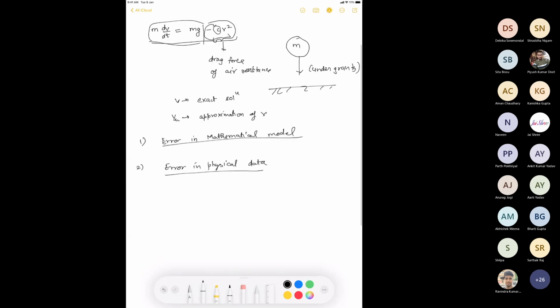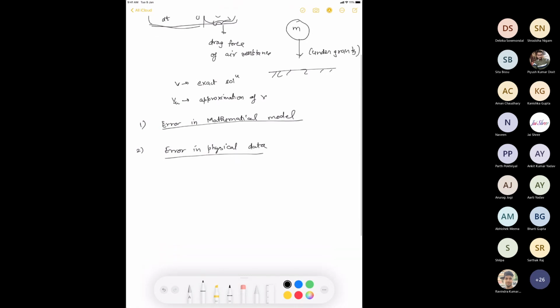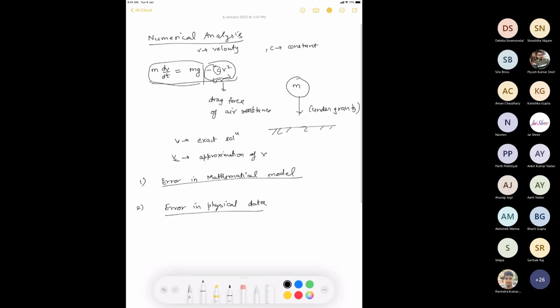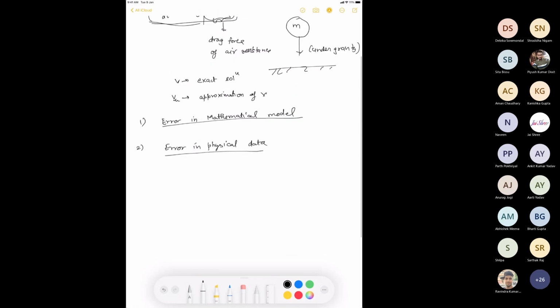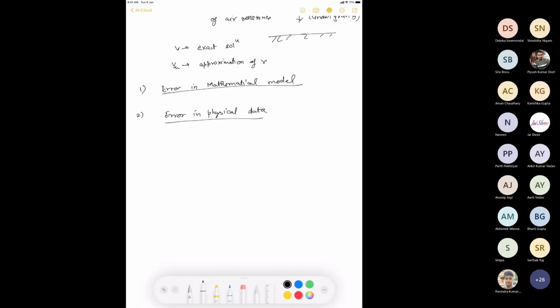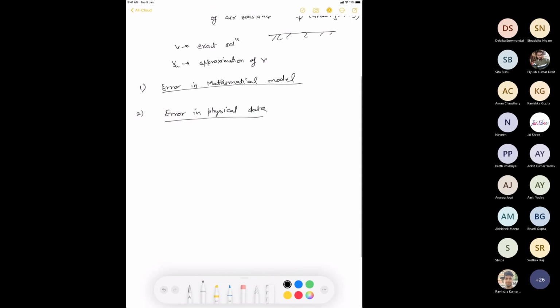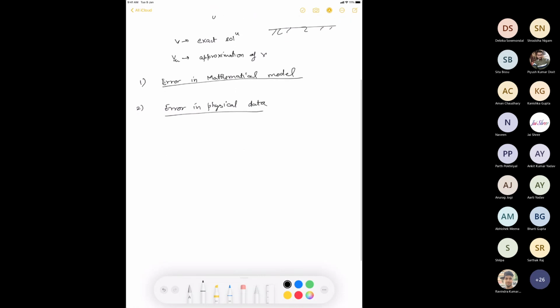That is, you are conducting some experiments, and through those experiments you are getting the values of these parameters. We know that physical experiments involve some error, right? And if you do the computations based on those parameters, of course your numerical solution will not be that accurate, right? So this is one of the reasons that might affect the accuracy of the numerical solution.